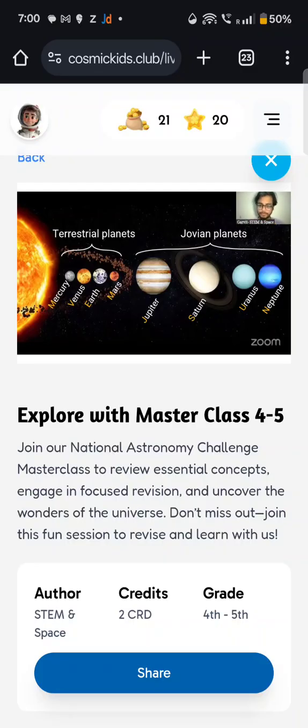Obviously, Saturn has the most recognizable ring, but all the 4 planets have rings. And they have a lot more moons compared to the terrestrial planets. And these terrestrial planets and Jovian planets are divided by a belt called the asteroid belt. So majorly all the asteroids found in the solar system are found in this asteroid belt.